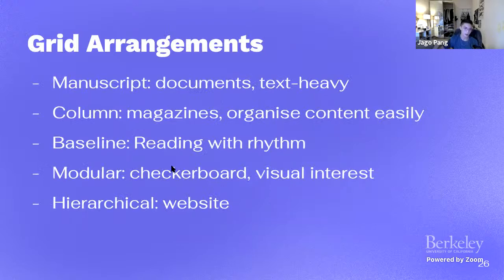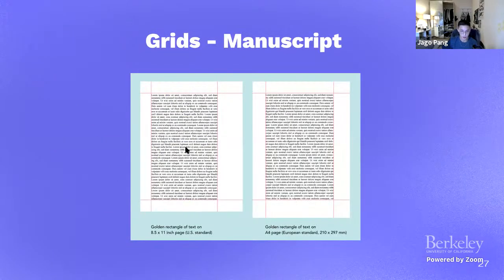Essentially, there are different ways you can rearrange your elements on a grid, depending on the type of asset you have or the type of audience you want to read it.